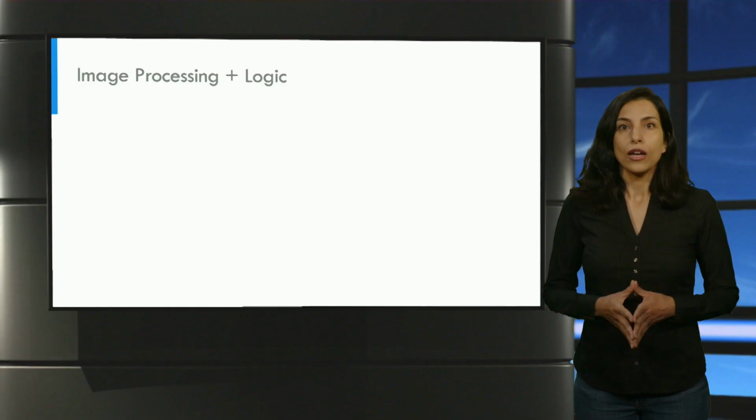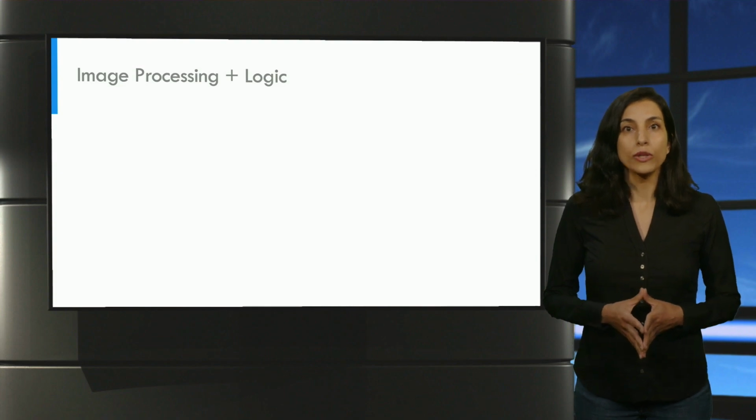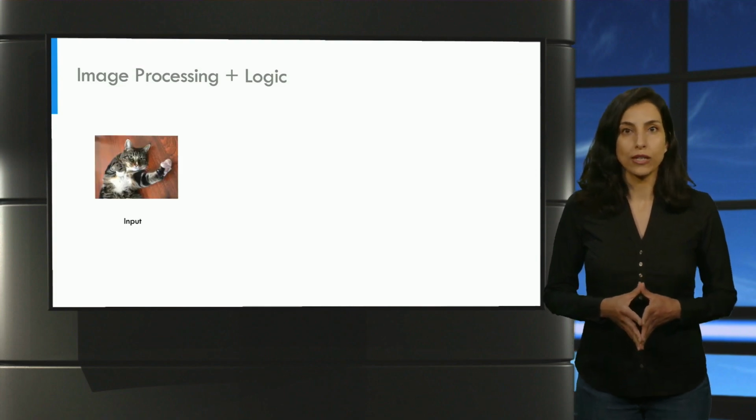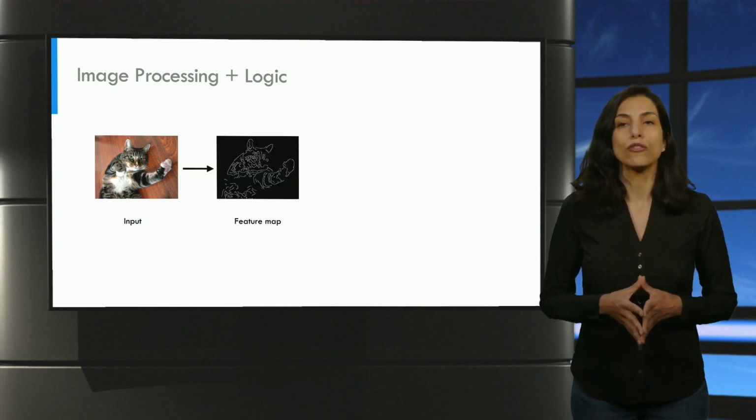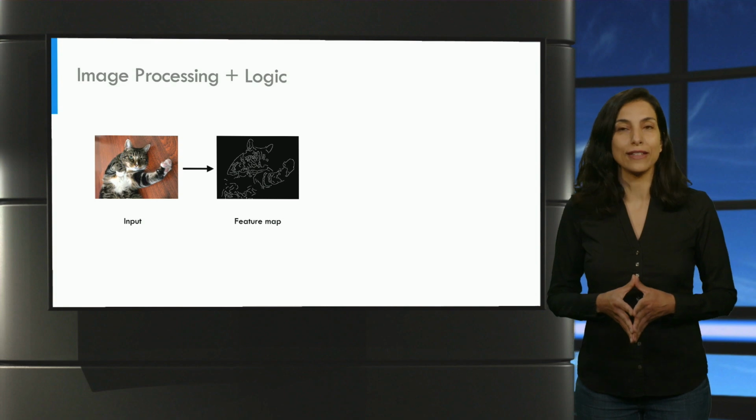Let's take a look at the cat and dog image classification problem. In classical computer vision, image processing is used to extract visual features to perform the classification task. The input image is transformed into the feature space. That is, in our example, a black and white image featuring the edges of the cat in the image.